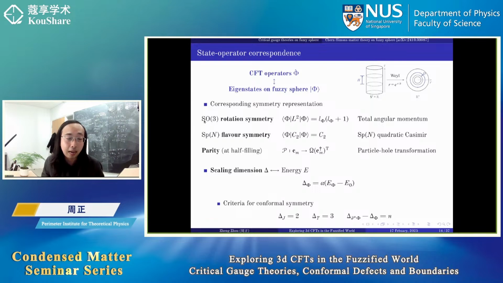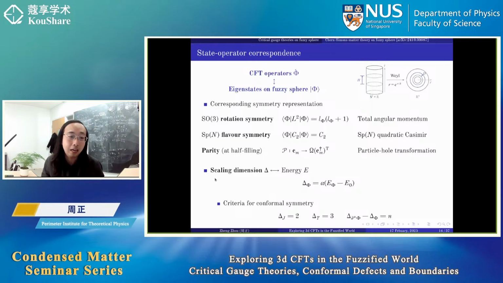For example, the SO3 spin can be measured by the total angular momentum. The Spn flavor can be measured by the Spn quadratic Casimir. And at half filling, there is another particle-hole transformation on the fuzzy sphere, which translates into the parity of the CFT operator.